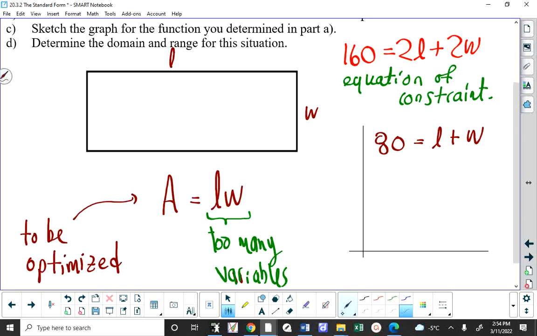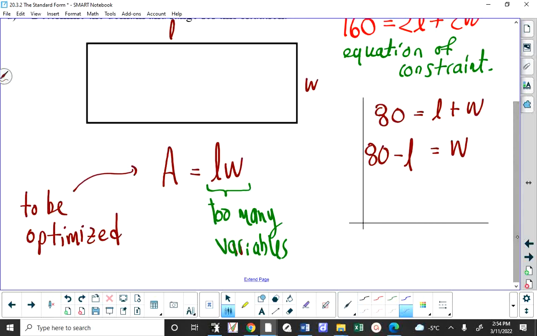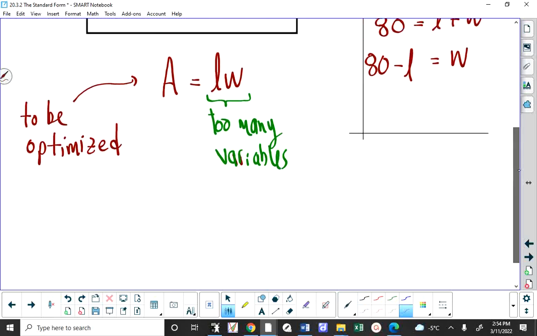So which variable do you want to get rid of? First person who volunteers an answer will do that. What do you want to get rid of, the L or the W? I heard W. I don't know who said it, but somebody said W. Let's get rid of W. So let's rearrange our equation of constraint for W. And what that's going to allow us to do is take this and put it there.